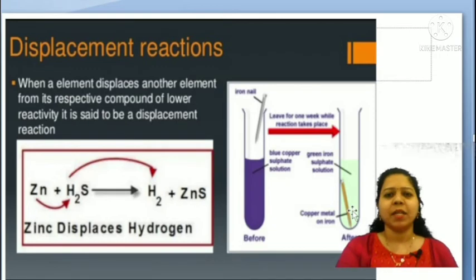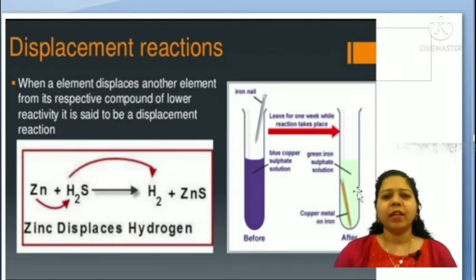Here what happens? See, the green iron sulfate solution is formed because iron reacts with the sulfate from the copper sulfate. The color of copper sulfate is blue, but because iron replaces the copper, it forms a green color solution.